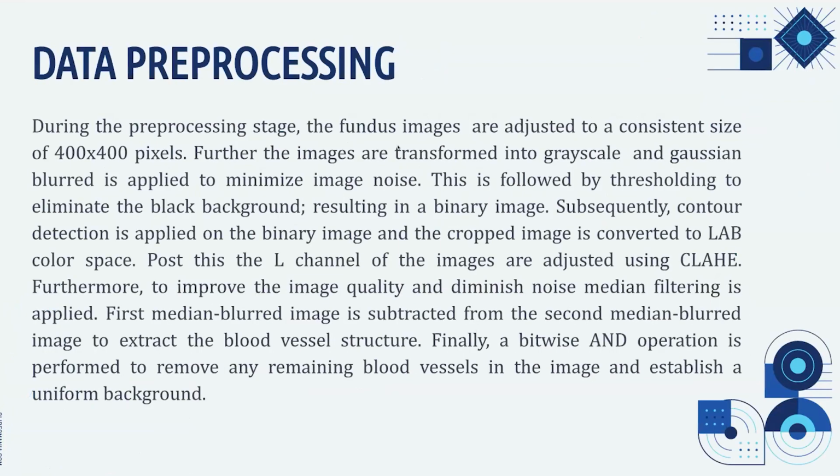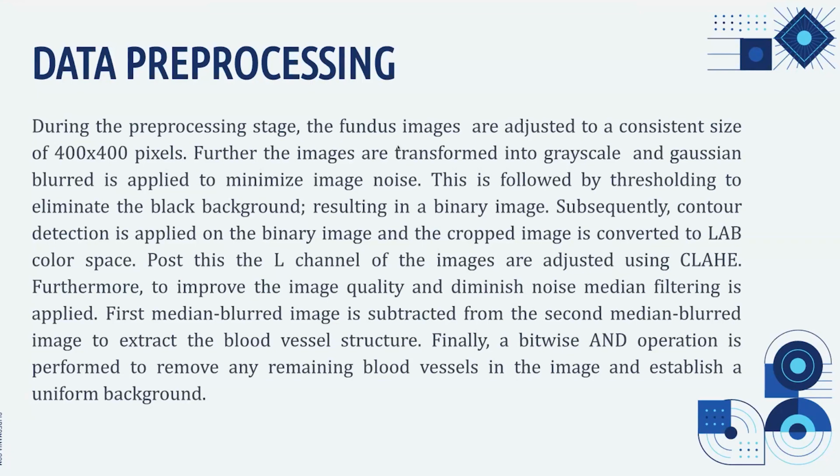So the pre-processing steps which we have used are, firstly, we have transformed the image into grayscale and Gaussian blur is applied, which is further followed by thresholding to eliminate the black background resulting in a binary image. Subsequently, contour detection is applied in order to obtain a cropped image. Now, the cropped image was converted to the LAB color space, and the L channel in the LAB color space was adjusted using CLAHE.